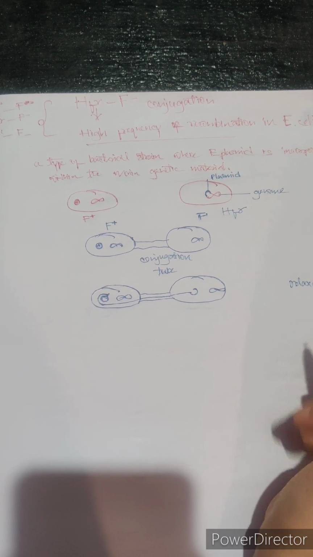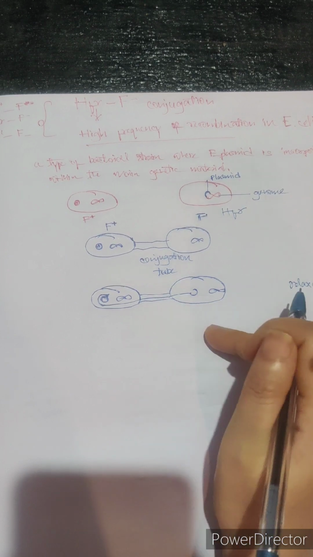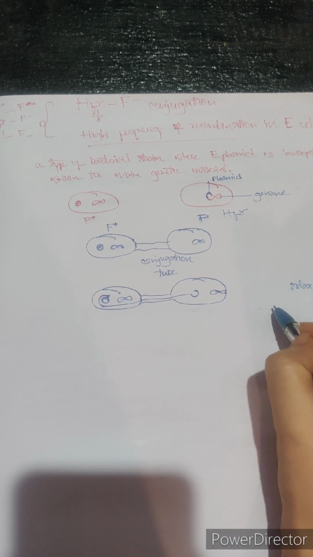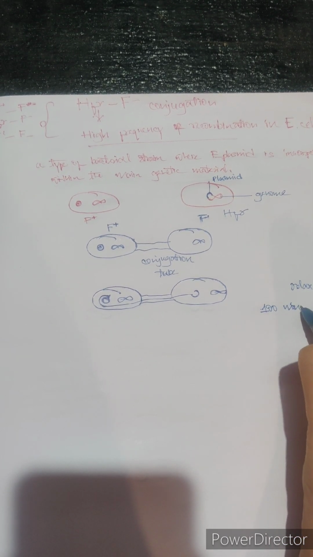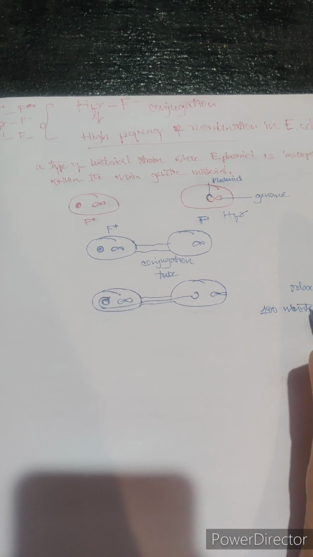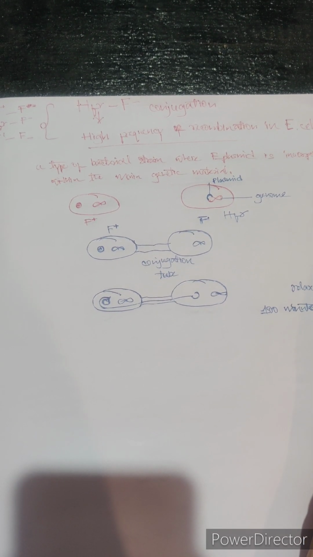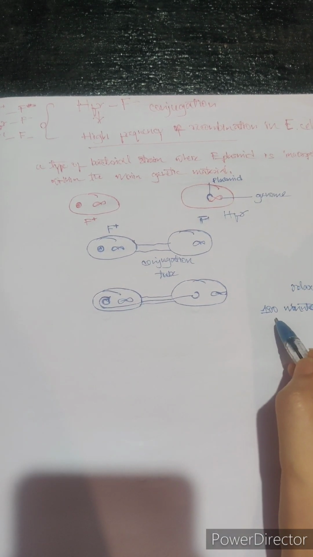But here what happens? For the process of conjugation, the time required for the transfer of genetic material to happen completely is at least 100 minutes.